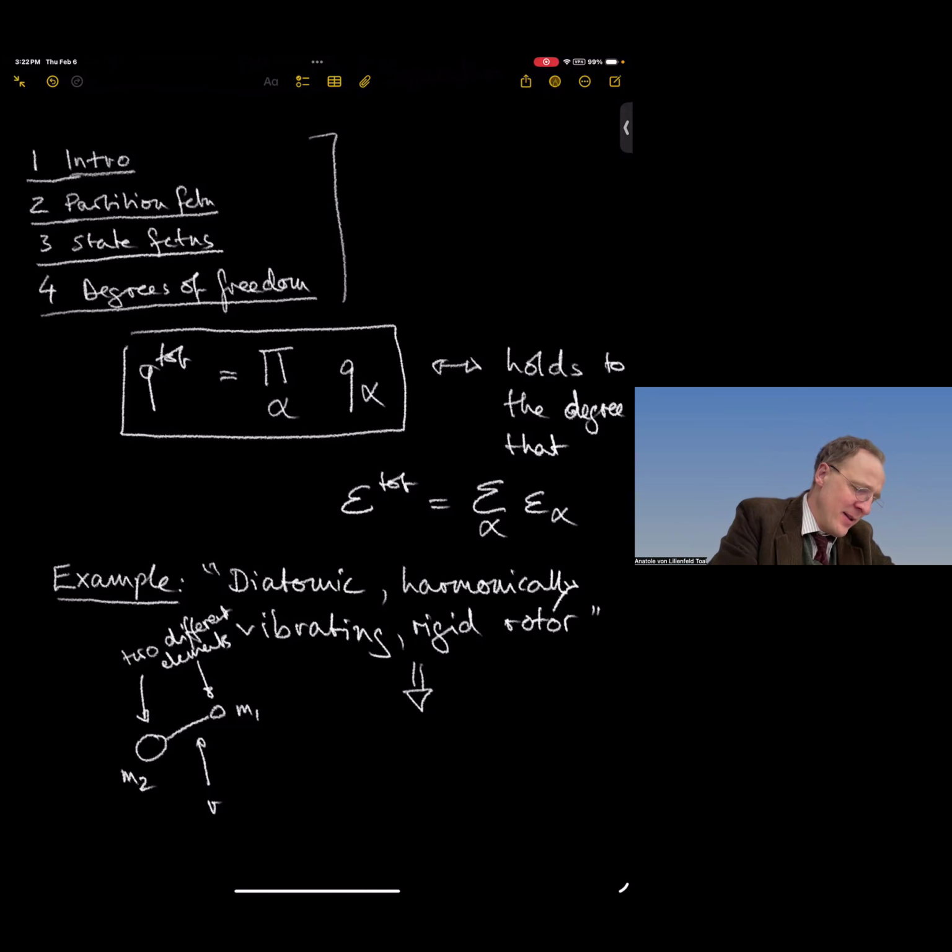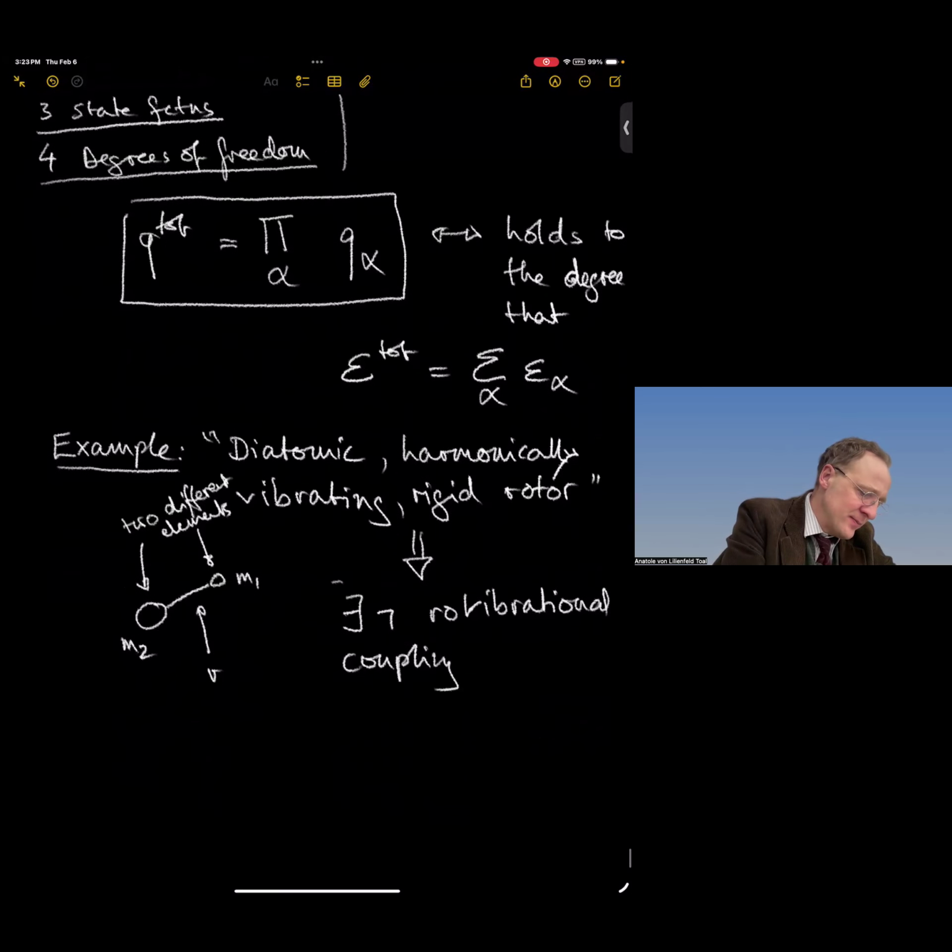So this means there is no rovibrational coupling, which means, in other words, your E tot is the energy of your translation plus the energy of your rotation plus the energy of the vibration.